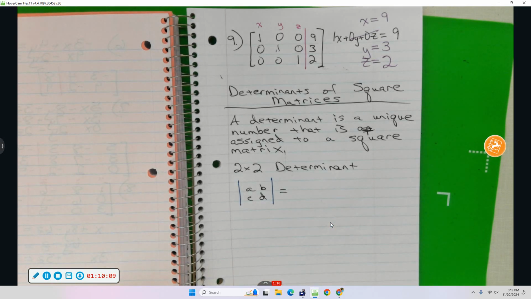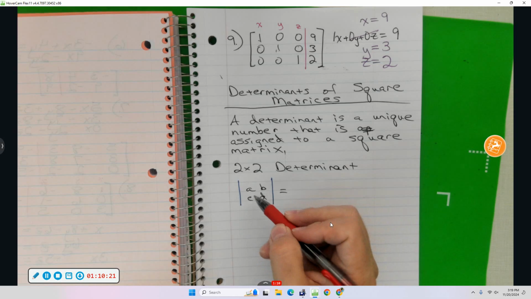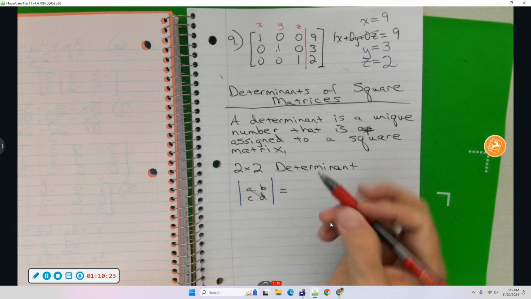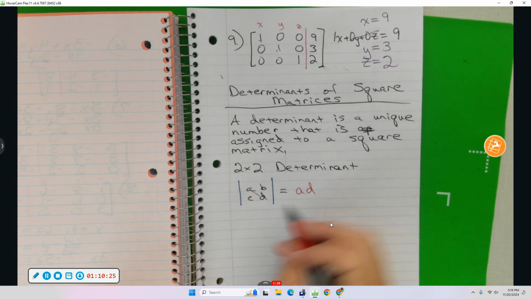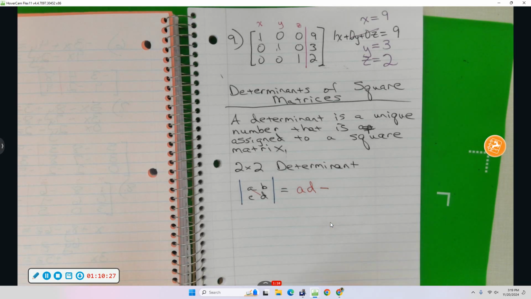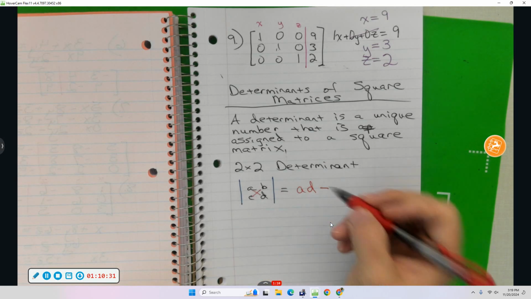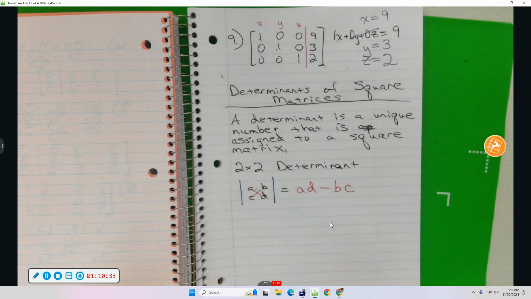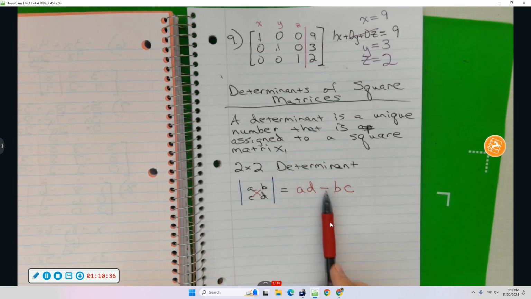This is one of the easiest things we've done this semester, finding a 2 by 2 determinant. All it is is the difference of the cross products when you start in the upper left-hand corner. You go A times D minus, that minus is from the formula that I'm giving you right now, B times C. You don't need to memorize AD minus BC.